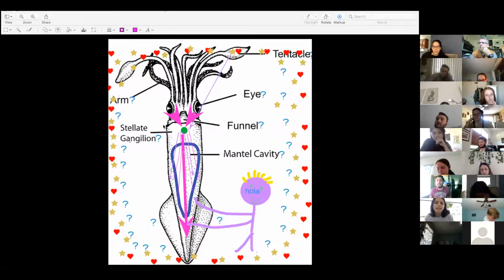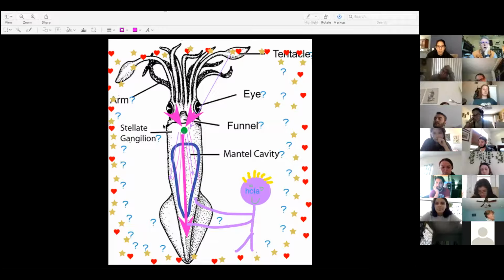But the stellate ganglion is where the sensory information is brought to, and then it directs it to the mantle cavity. So the information goes directly from the eye through an action potential into the stellate ganglion, and then it's immediately sent out to the mantle cavity. Yes, correct, that's what we guessed.